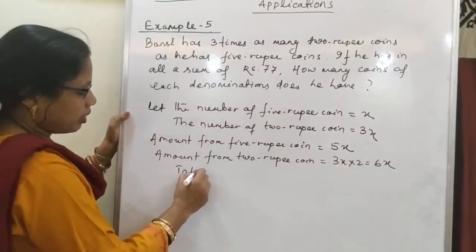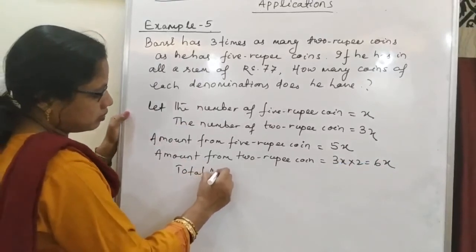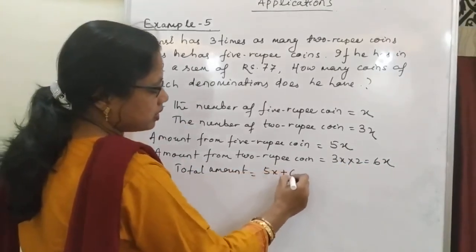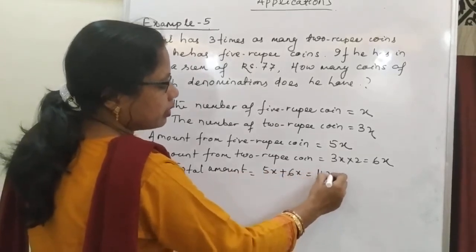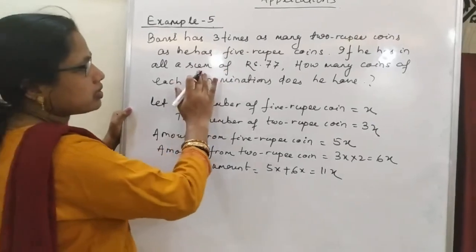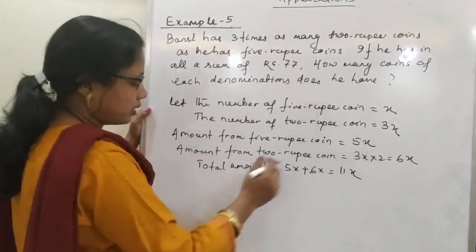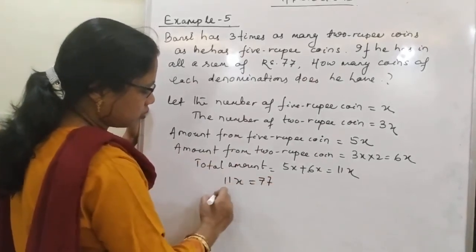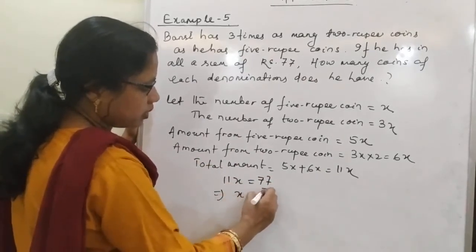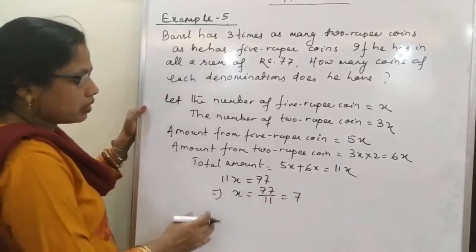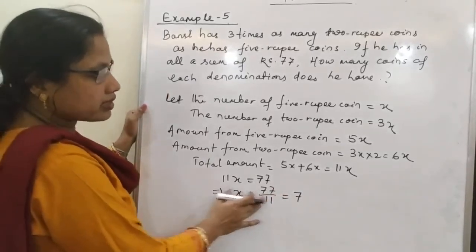So the total amount is equal to 5x plus 6x, which is equal to 11x. But in the question it is given that he has a sum of rupees 77. That means 11x is equal to 77. So this implies x is equal to 77 by 11, which is equal to 7. So that means we got x is 7.